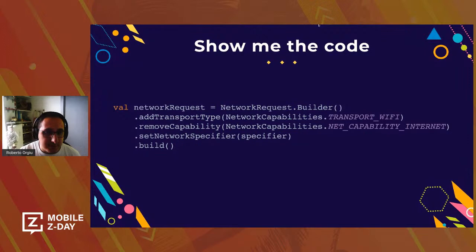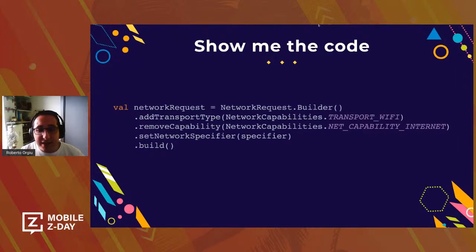Now we are going into the part that is mandatory. We see why in a few seconds. The first thing that we want to say in this builder is the fact that we want the transport type to be over Wi-Fi.